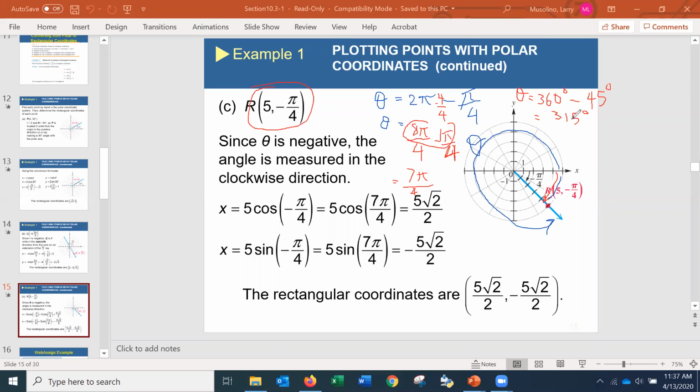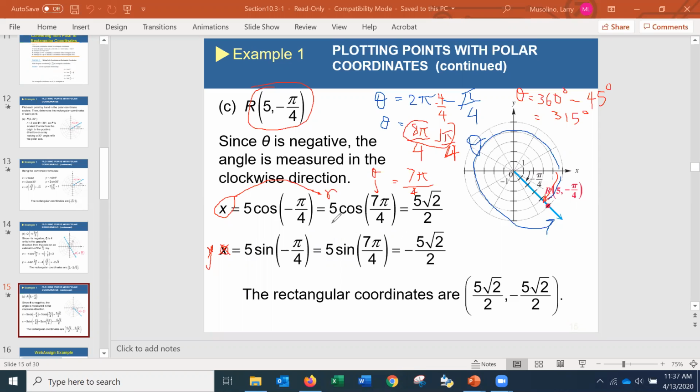All right, let's go ahead and figure out the x and y values, okay? By the way, folks, I just noticed there's a typo on this slide. This x here should really be a y. So I'll have to fix that on the slides. All right, let's do the x value first. Well, the x value is r cosine theta. So the r number for us is 5, and our theta we figured out was 7 pi over 4.